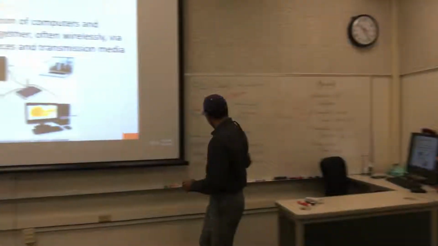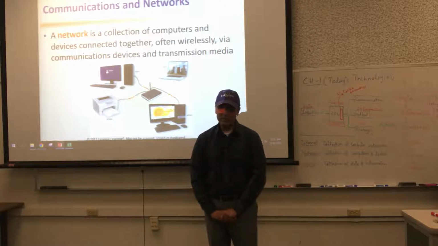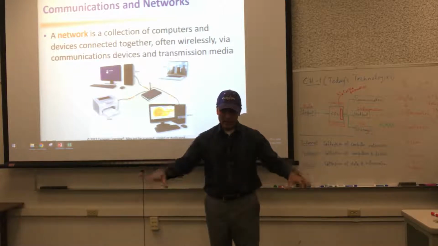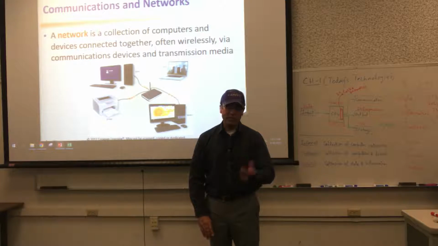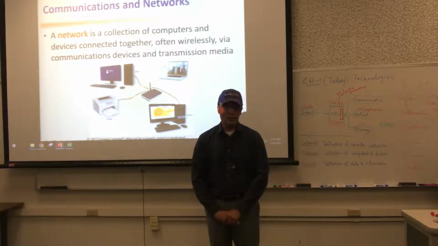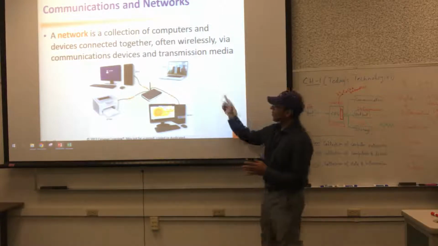So network, I have the definition written here. It's a collection of different nodes, a collection of different devices, computers, and other technologies in the infrastructure. So it's not only the computers, it could be printers, cameras, gateways, servers, modems, so many different types of devices connected on the network.